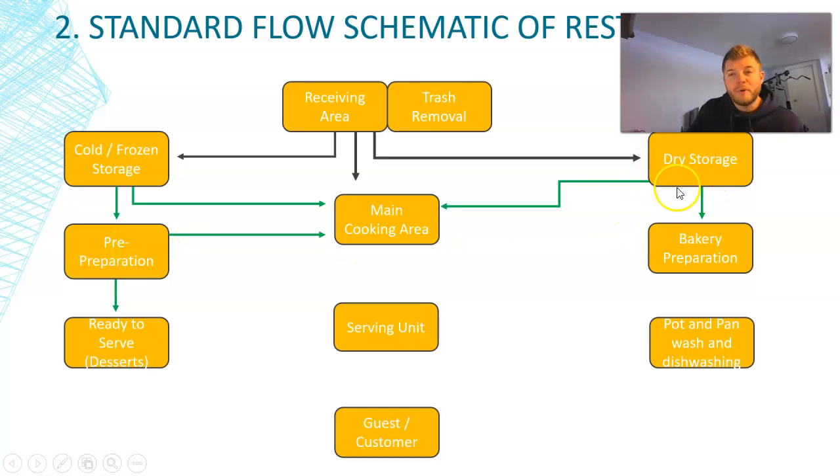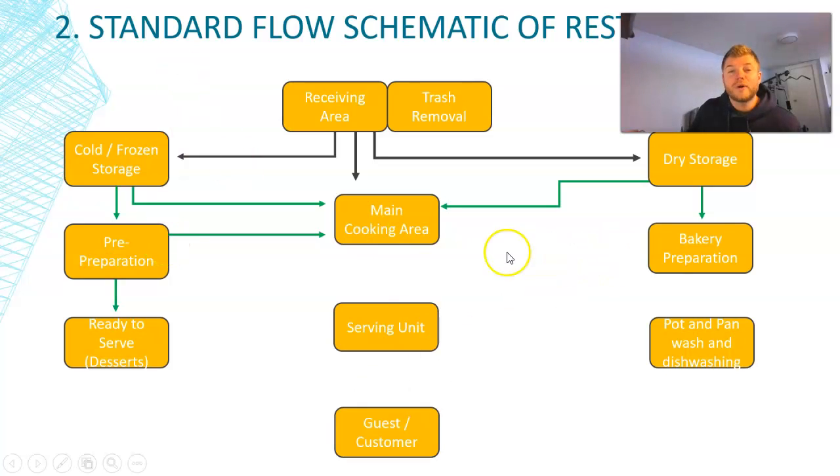We also might be pulling a lot of yeast and flours and spices and everything else into a bakery preparation area. Most of that stuff, the bakery and the pre-prep, are processes where we're not ready to serve to the customer yet, but we are removing some of the steps that will be required when we do choose to serve to the customer.